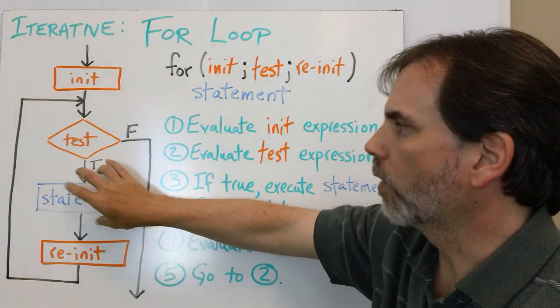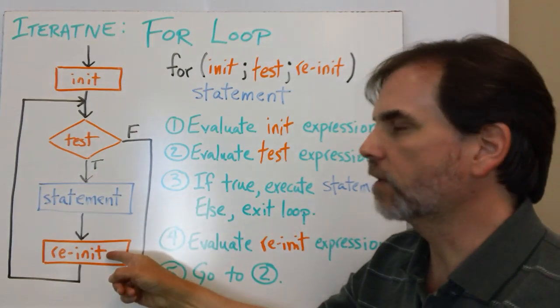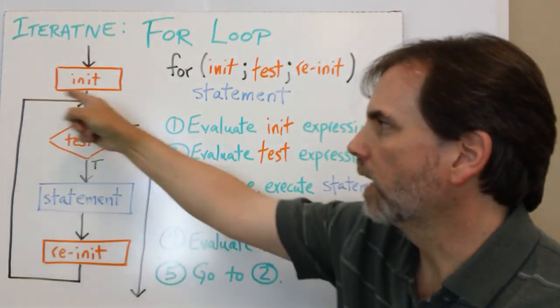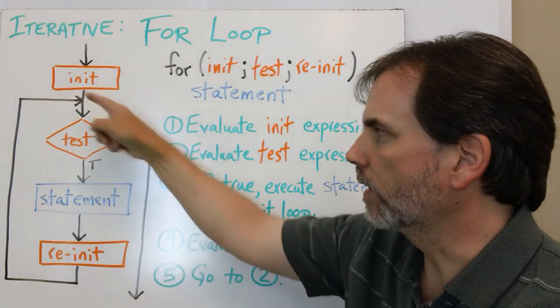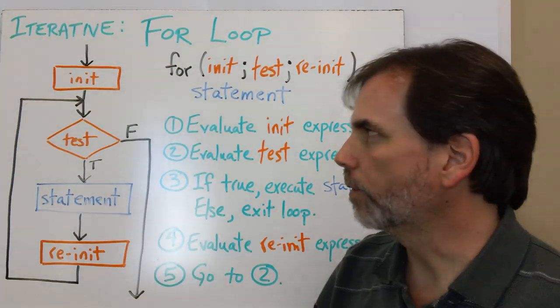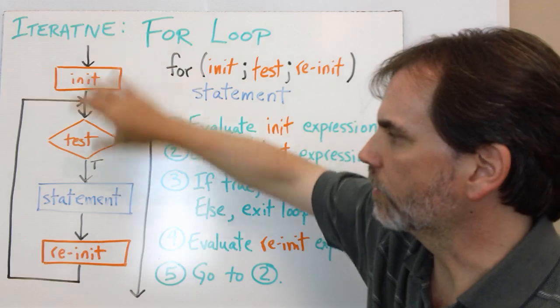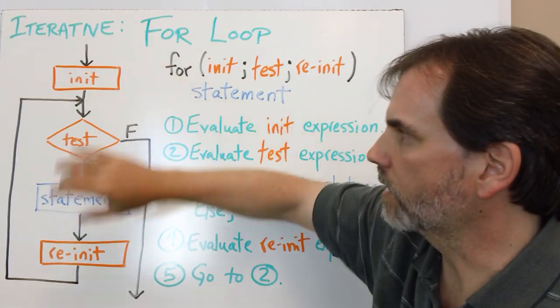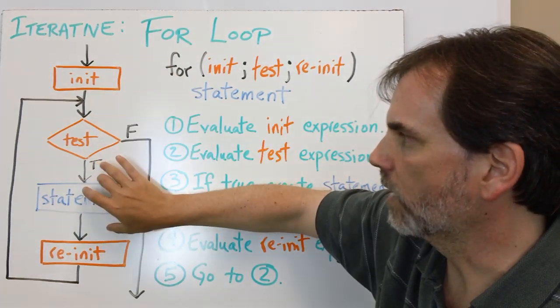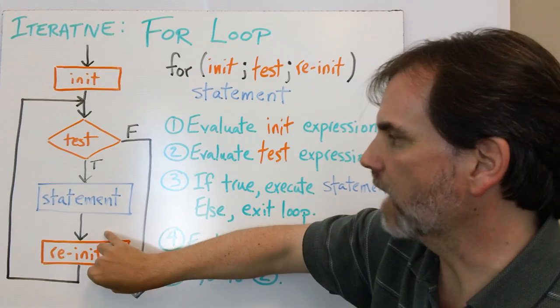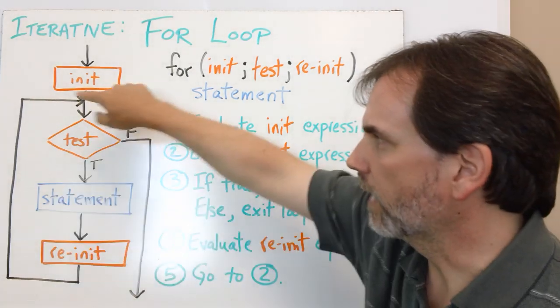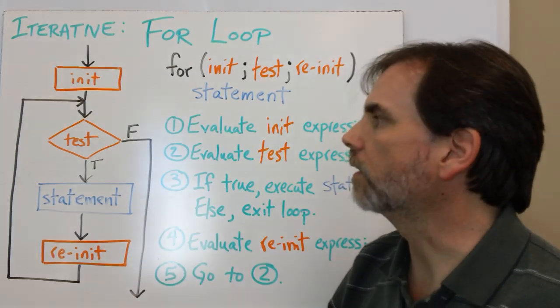After we perform some work, then we change the value of the loop variable and go back and retest it and so on. So this is like a while loop, but it has a certain structure to it where we initialize something, we test, we execute, we change the value of the loop variable, and then go back to the test style.